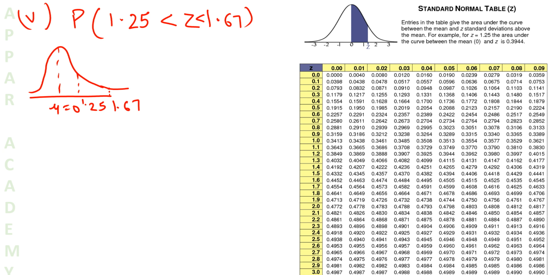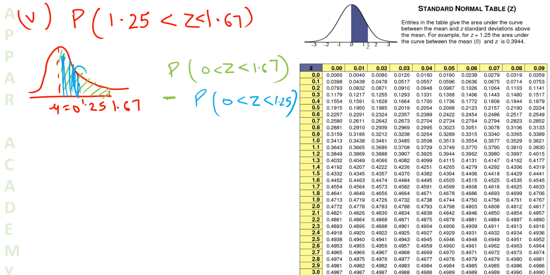All we need to do is find the probability that z lies between 0 and 1.67 minus the probability that z lies between 0 and 1.25. If I subtract this, I'll get the region that we are demanding, right? So we just need to subtract the two probabilities.